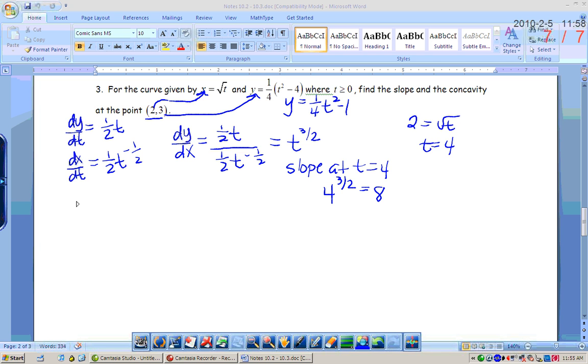All right, concavity has to do with the second derivative. So my second derivative will be the derivative of the first derivative, which is 3/2 t to the 1/2, divided by the original dx/dt.